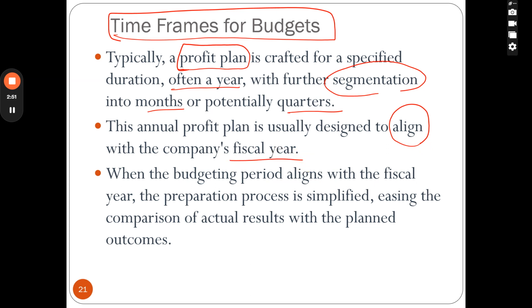The benefit of aligning the budget period with the fiscal year is that the comparison between what happened and what was budgeted is going to be easier, because you are comparing the same period for budget numbers and actual numbers. So your comparison is going to be easy when you do variance analysis, or when you are comparing actual with the budget.